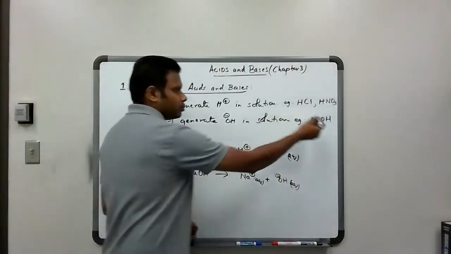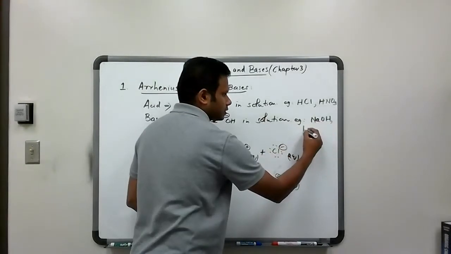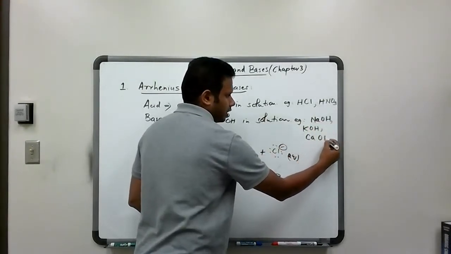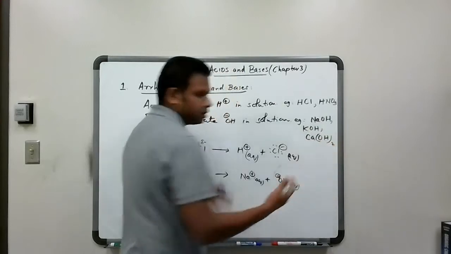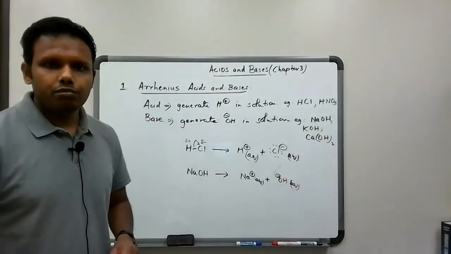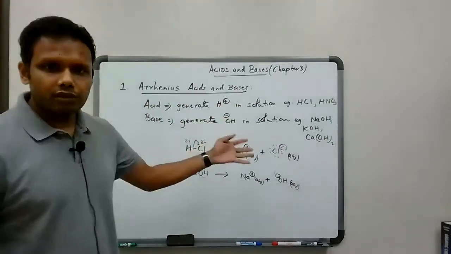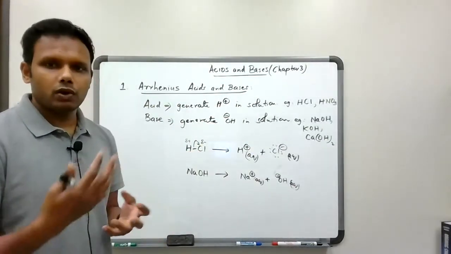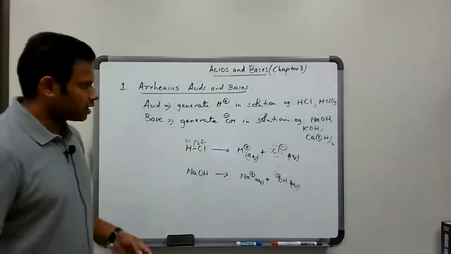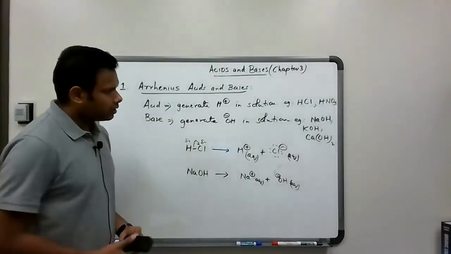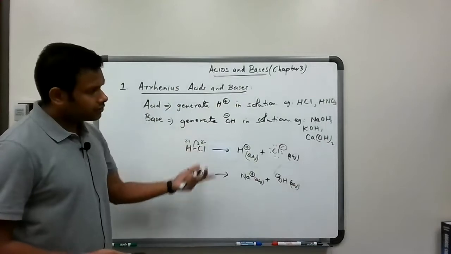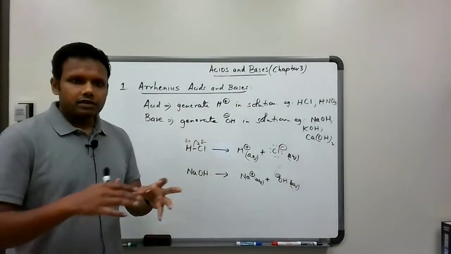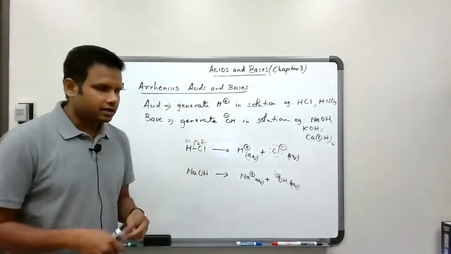It's not really limited to sodium hydroxide; potassium hydroxide or calcium hydroxide could all be called bases by that definition, because once you dissolve them in water, they would all generate hydroxide ions for you. Okay, so that is the Arrhenius definition of an acid and a base.